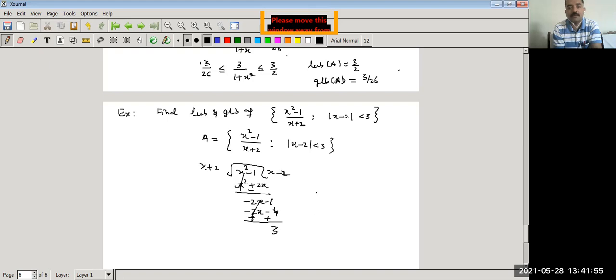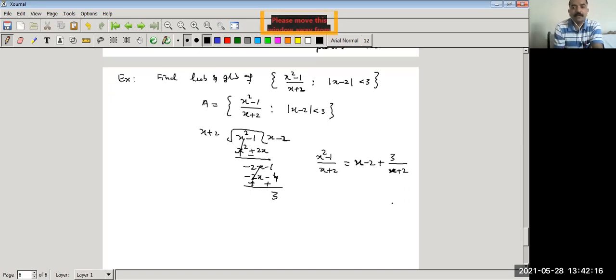So we can write (x² - 1)/(x + 2) as x - 2 + 3/(x + 2). Okay. So in this way, now our set A is simplified, let this be equation star.